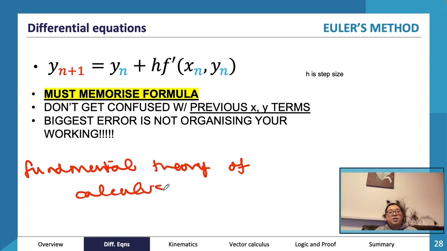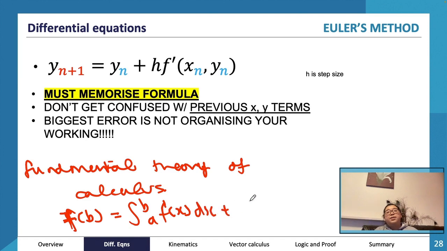Under that idea, if you want what f(b) is, you can find it by going from a to b of f dash of x dx plus f of a. So it comes from that idea, because you can see parallels, right?